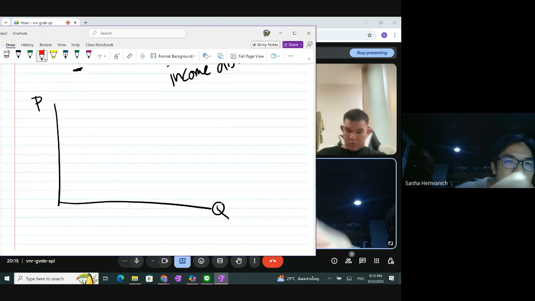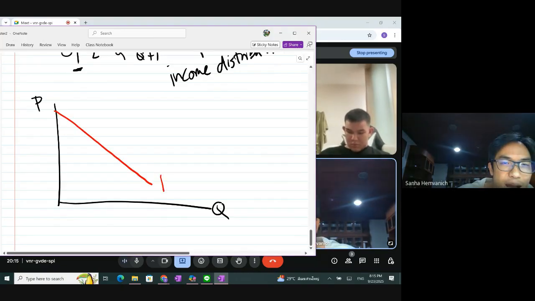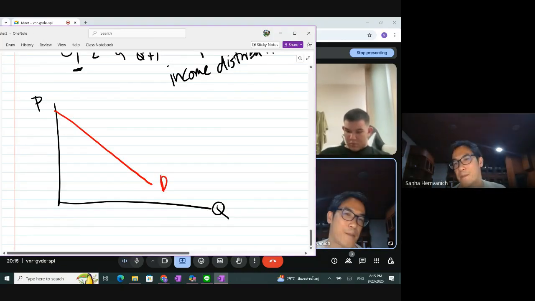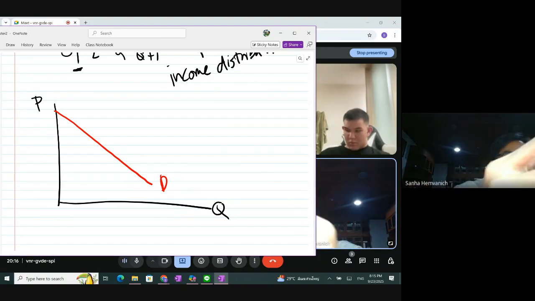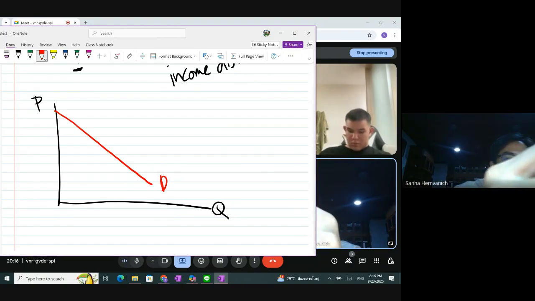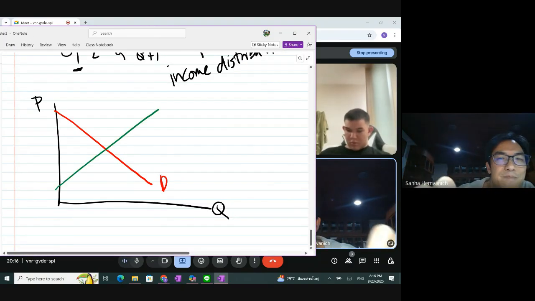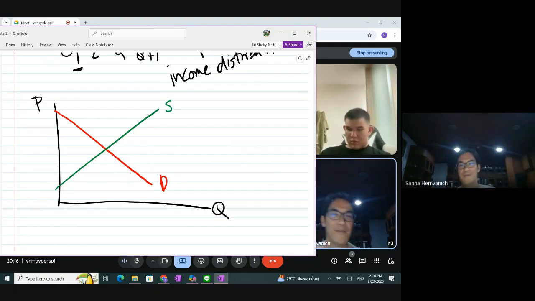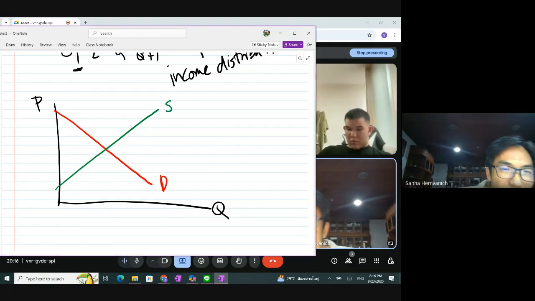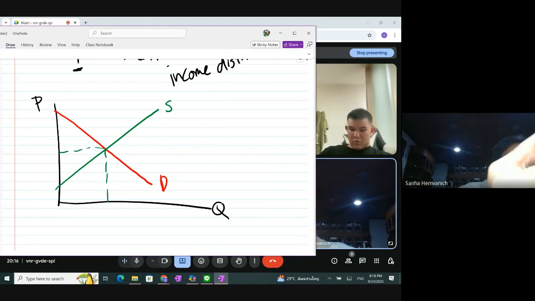Okay, so this is the demand for, let's say, cigarettes. And this is the supply of cigarettes. Okay. So that is the equilibrium. Let's say I'm using black.